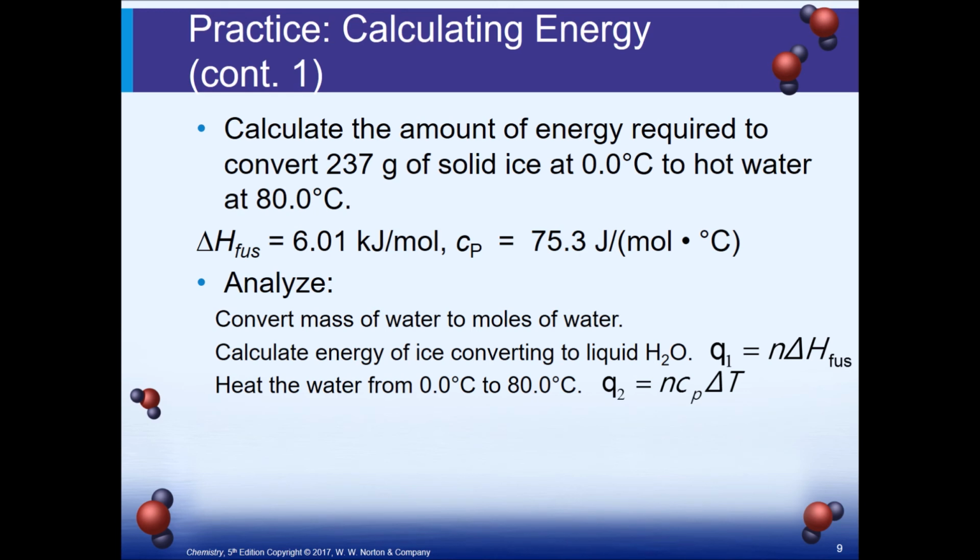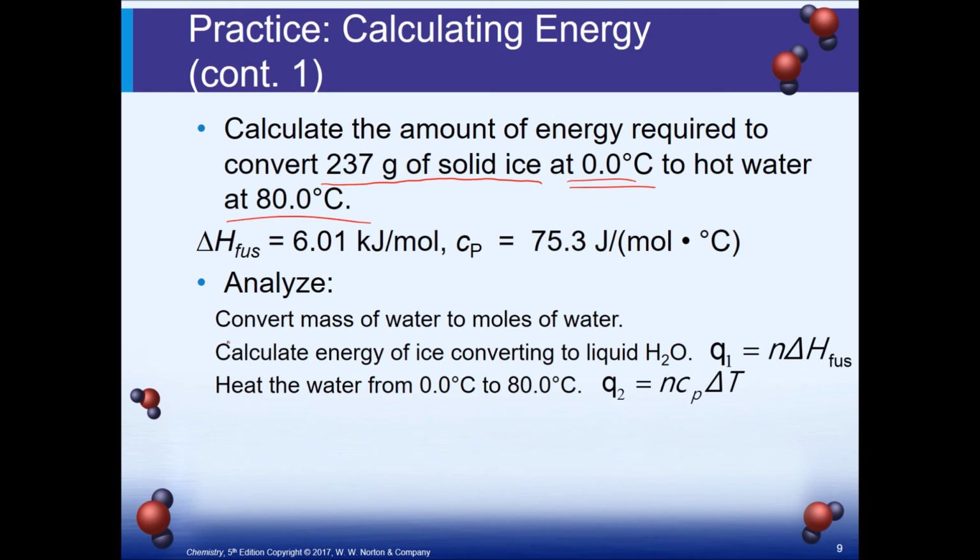One, we have to melt the ice from a solid to a liquid, and then after we've converted it, we have to heat the water from 0 degrees Celsius to 80 degrees Celsius. We'll break it into those individual steps, calculate each one individually, and then combine the results together.